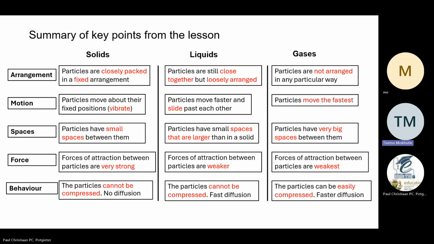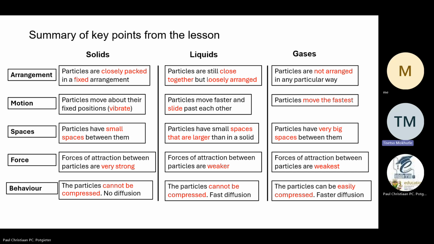Okay, learners, let us come to the conclusion, or the key points, about today's lesson. We have been talking about the three primary states of matter, which are solids, liquids, and gases. The three states of matter can be distinguished from one another in terms of the descriptors on the left: the arrangement, the motion, spaces, force, and behavior.